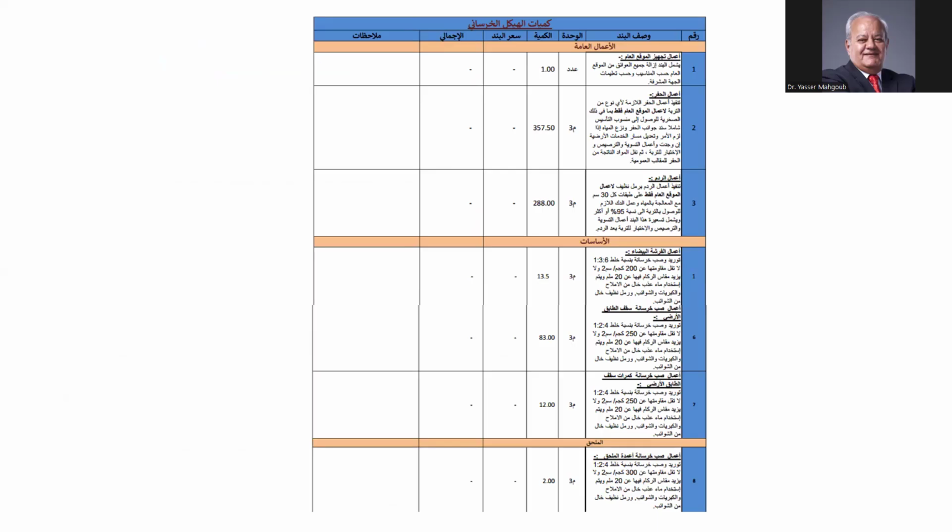And then you give this to the contractor. The contractor will fill the unit price and then multiply the unit price by the amount to give the total of this item. And then at the end, they give you the total of the items. And if they have any comments, they write it in the comments column. So this is a typical bill of quantity that you provide to the contractor.